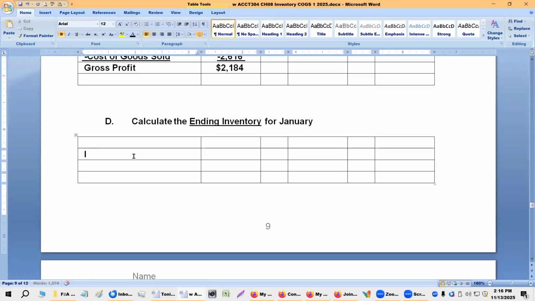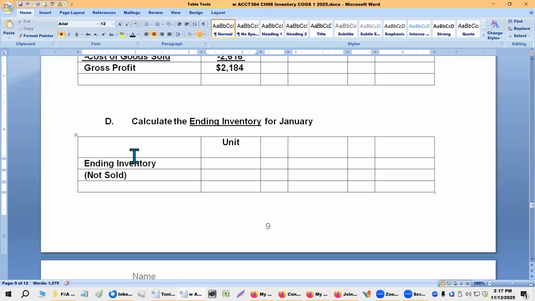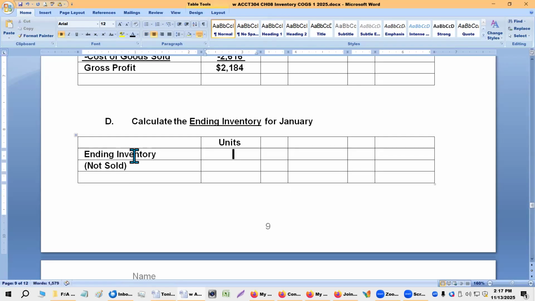We'll put it on one line. So any inventory, these are things that are not sold. We still have them. You can go out there and look at them in the inventory. So 80.